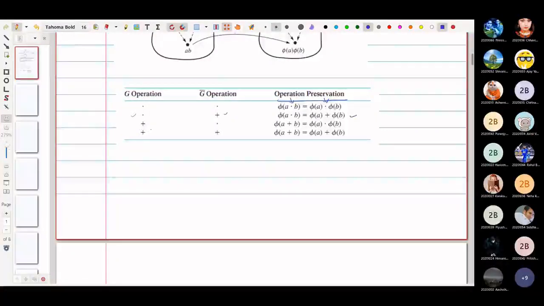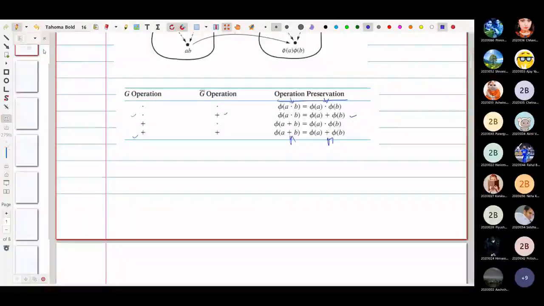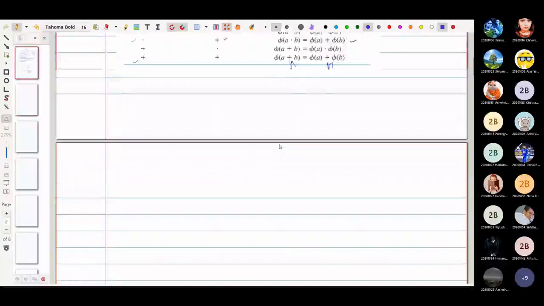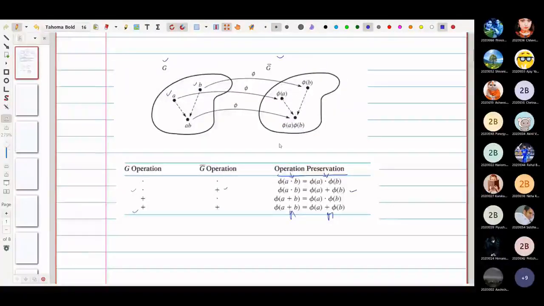Similarly, if both are plus, then at both places we use the plus sign only. It is not that we will have only dot and plus. We may have so many operations, as we have seen in the starting, that using this dot and plus we can define so many binary operations, and they produce a group when they are associated with some sets. So I think until now it is clear.